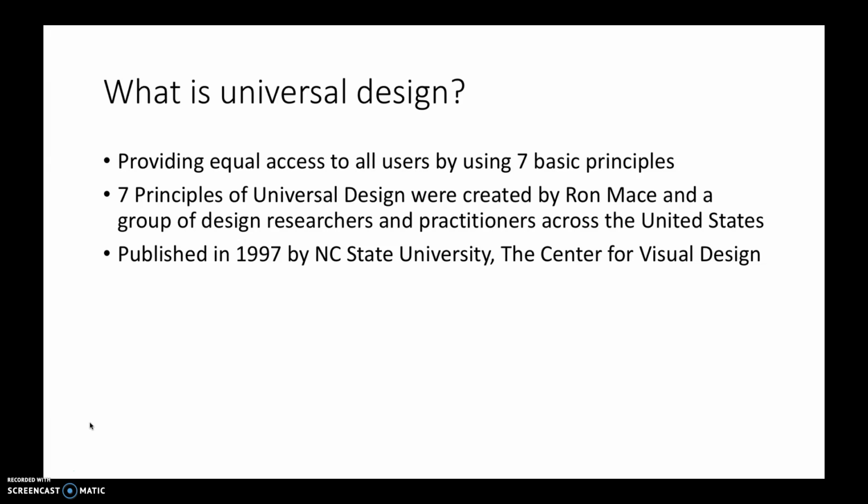And these 7 principles were created by Ron Mace and a group of his design researchers and practitioners across the United States. They were published in 1997 by NC State University, the Center for Universal Design.